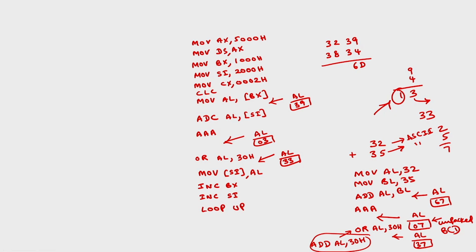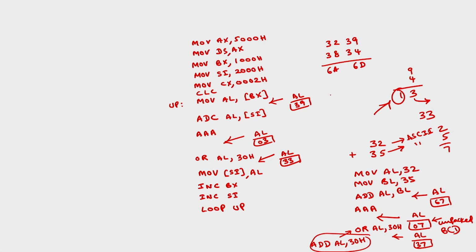So where should be this up now? This up should be here. So that the second data 32 will be taken in AL, 38 will be pointed by SI because we have incremented SI, these two will be added. So the result will be 32 plus 38, 6A will be there here in AL, and if I use AAA, before AAA 6A will be there.